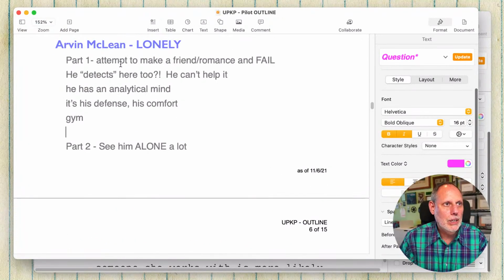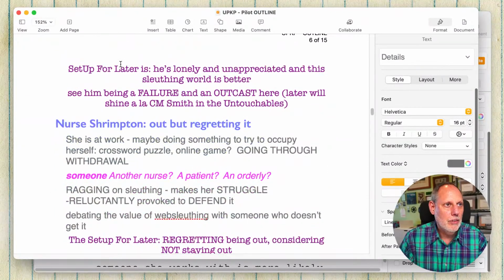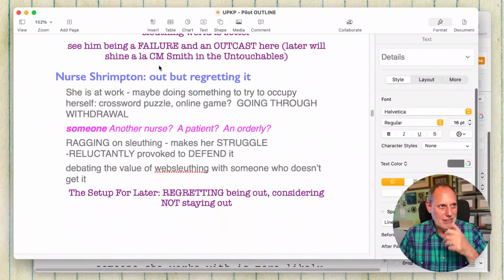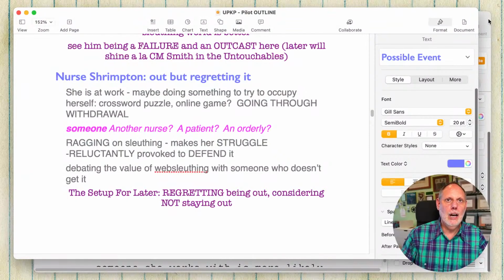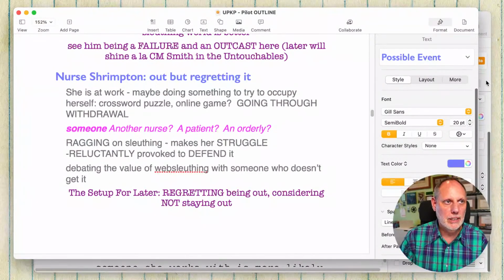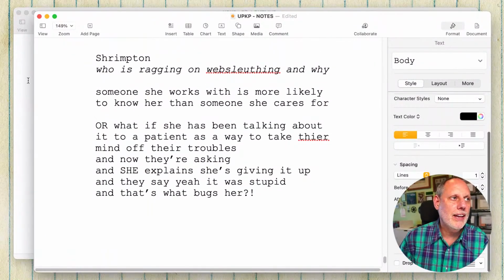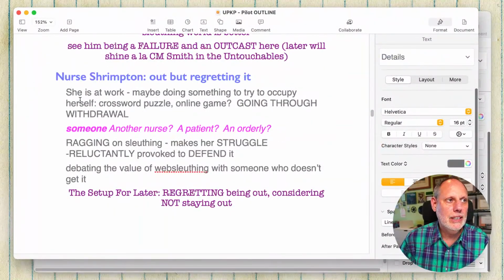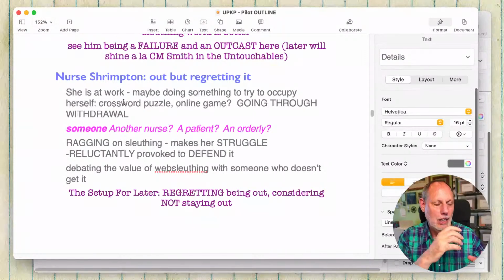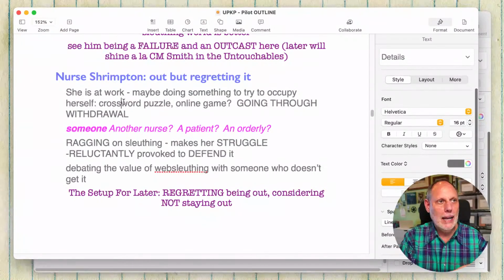Okay, now we know. Then the other thing I did, I'm going to just get this out of the way, and then I'm going to try and write up a rough draft of it, is for Shrimpton. The thing I know about her in this scene is that we are seeing her talking to someone at work, and they start to rag on her interest.